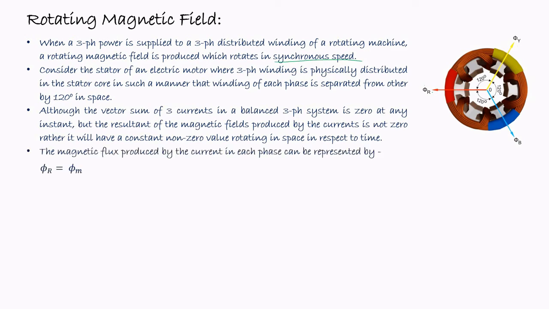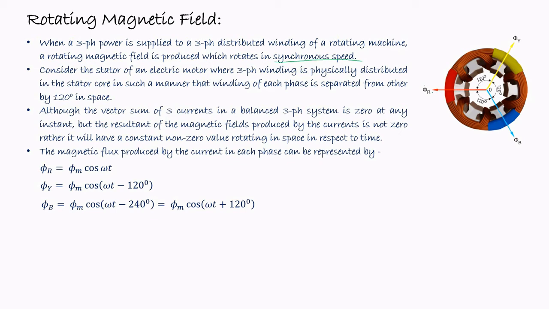The magnetic flux produced by the current in each phase can be represented as phi r is equal to phi max cos omega t, then phi y is phi max cos (omega t minus 120 degrees), and similarly phi b is phi max cos (omega t minus 240 degrees).